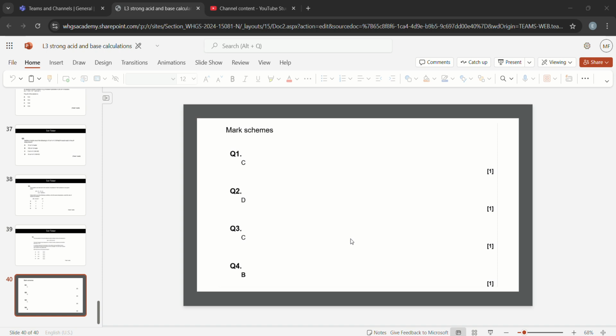But we can clearly tell from the rate equation that only this changed, so the concentration of H plus ions must be a quarter of the original. Therefore, the pH is going to be 4 times bigger. So the answer is going to be 2.80.